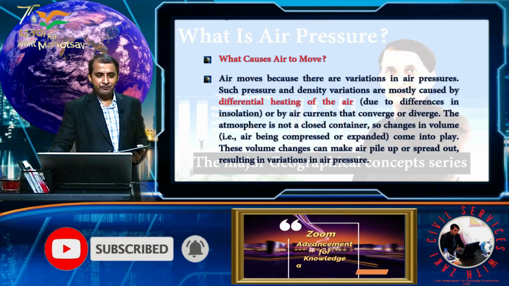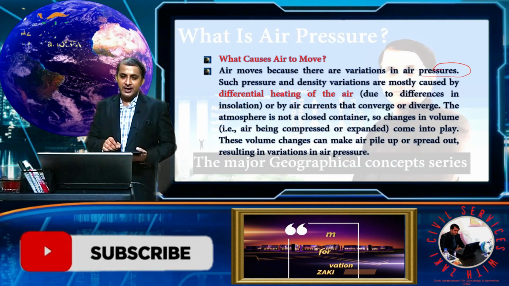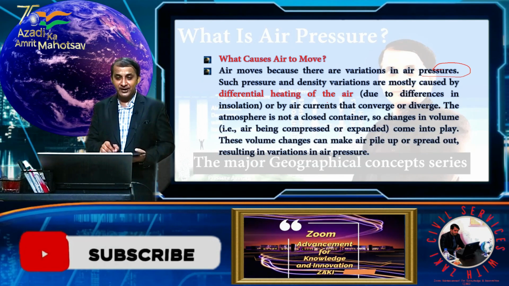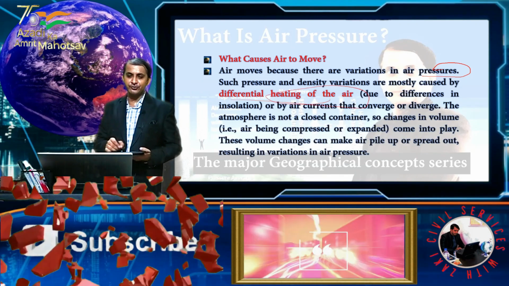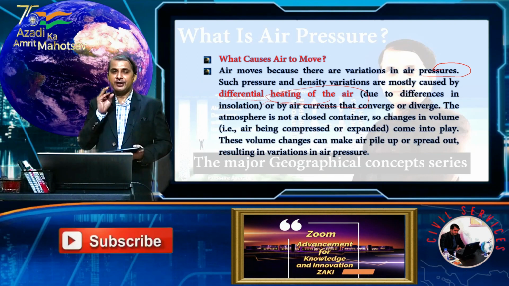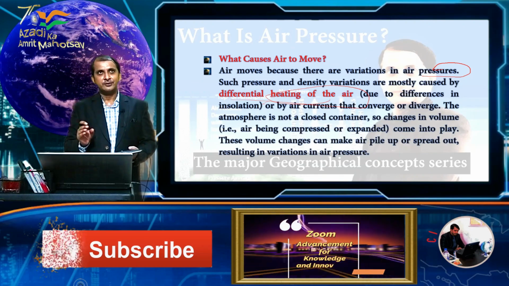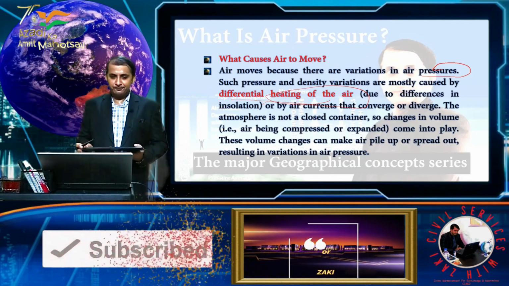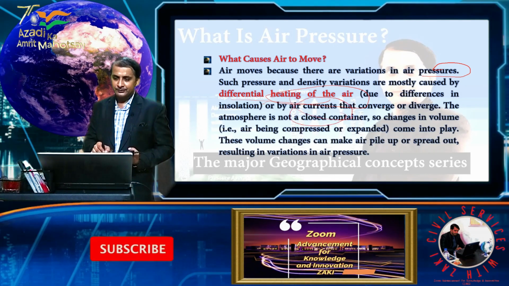So see here, air moves because there is a variation in the air pressure, and such pressure and density variations are mostly caused by the differential heating of the air. Differential heating is due to differences in insolation. As you know, insolation all over the world is not the same, more at the equator and less near the pole.